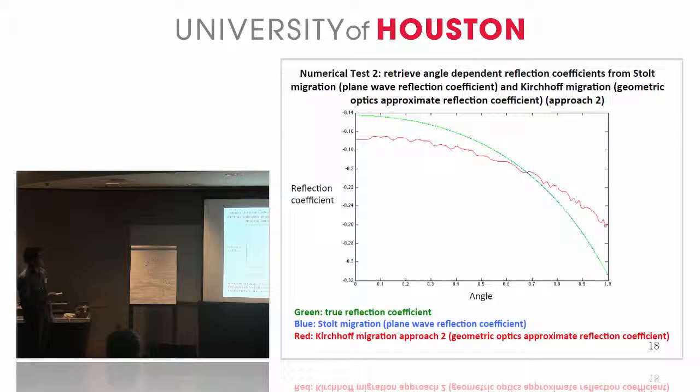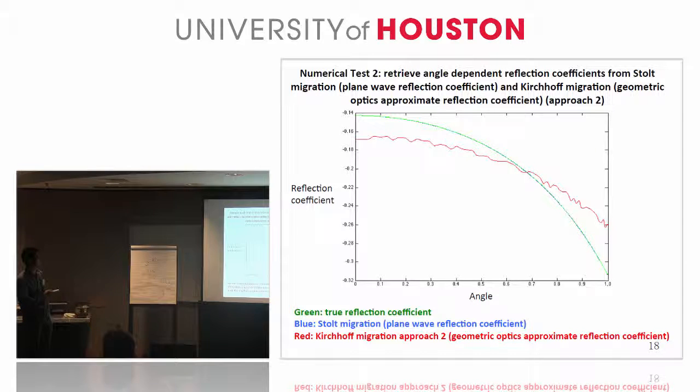And here shows the result. Here the green line shows the true reflection coefficient, which is the plane wave reflection coefficient. And the blue line, which is very close to the green line, gives us the retrieved plane wave reflection coefficient from Stolt migration.